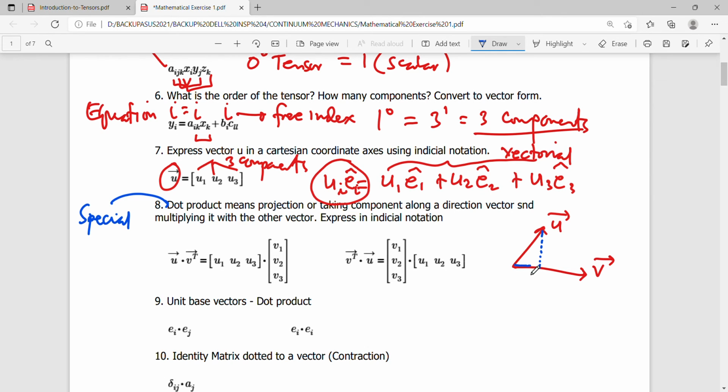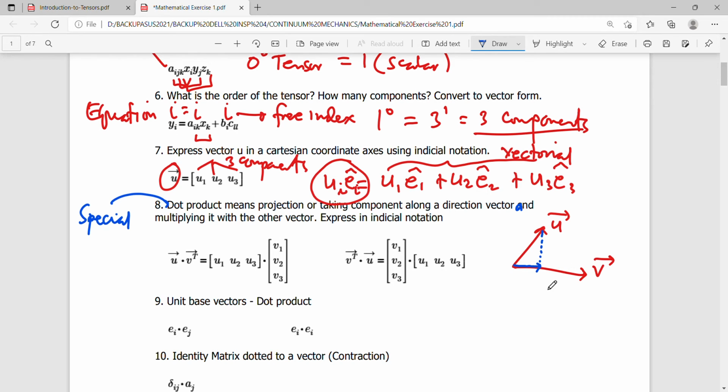So you are now taking the component of the u vector along the other vector, or along the direction of the other vector, and multiply them together.